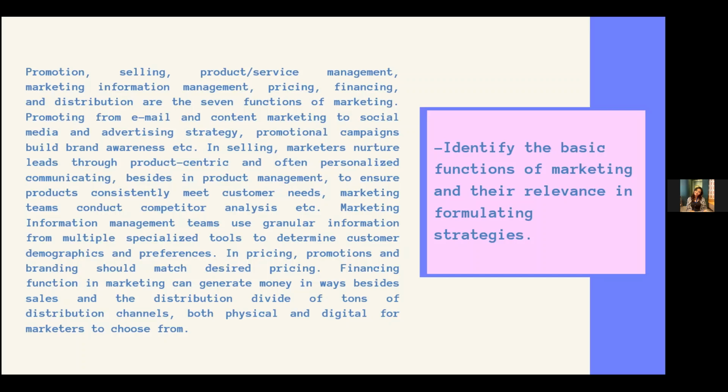In pricing, promotions and also branding should match the desired pricing. So the financing function in marketing can generate money in ways besides sales, and distribution involves tons of distribution channels, both physical and digital, for marketers to choose from.